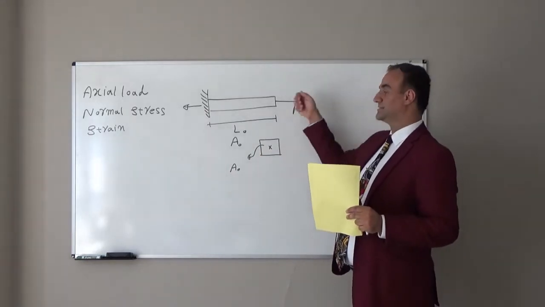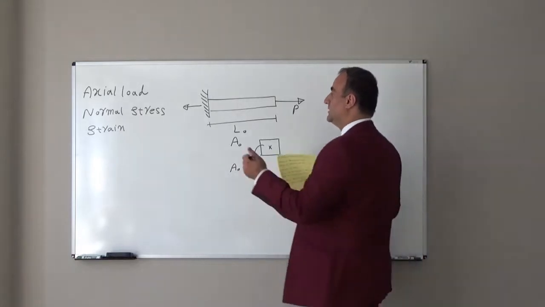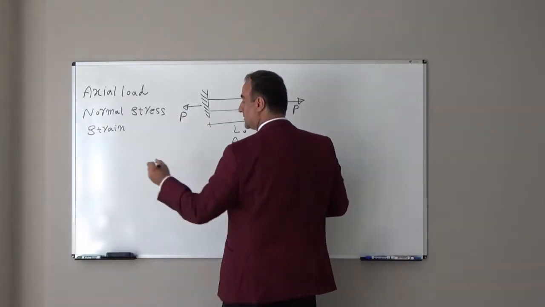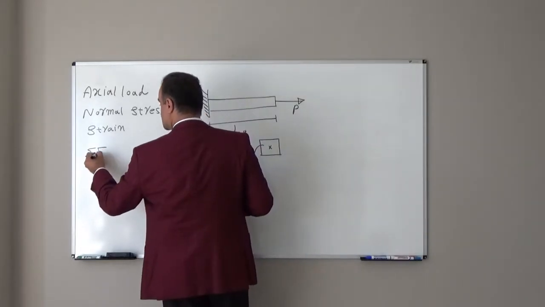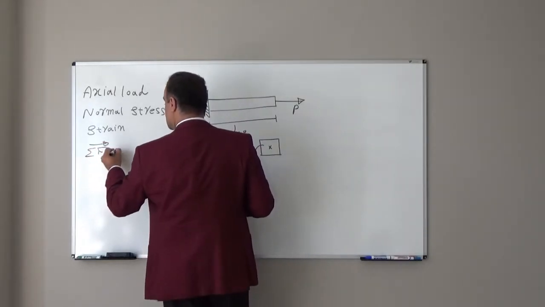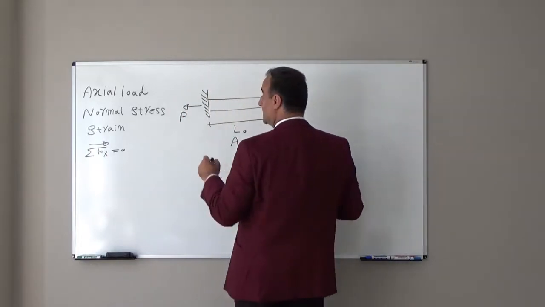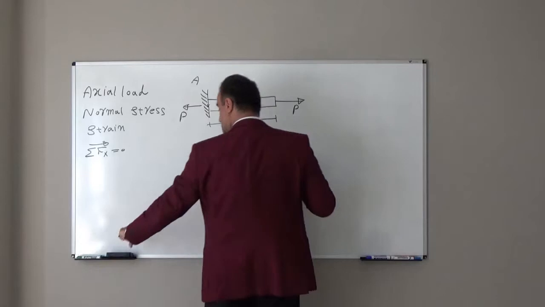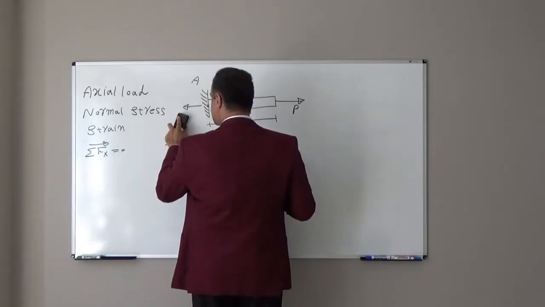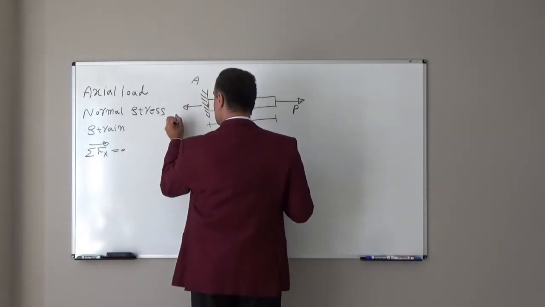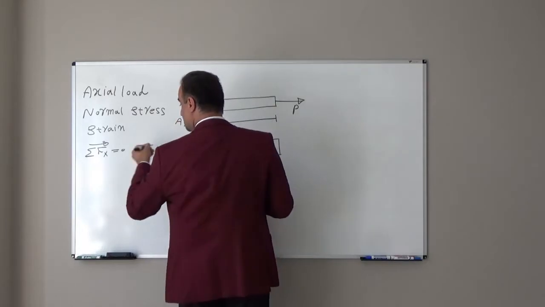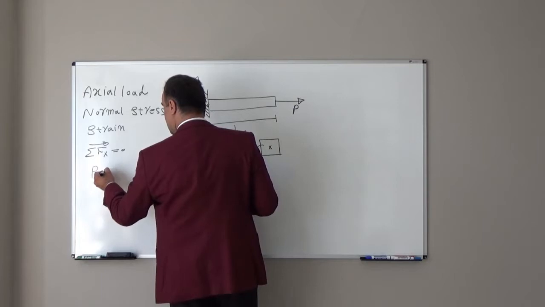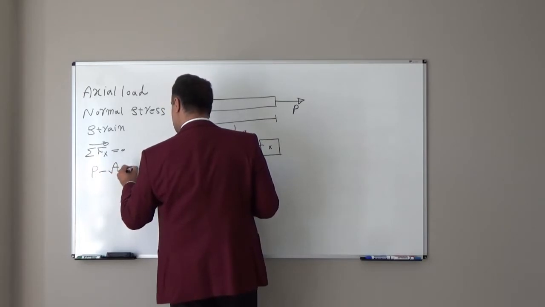If I pull this, if I apply tension, the reaction will again be P, because the summation of forces in the horizontal direction should be equal to 0. If this is, for example, point A, and I assume this reaction is AX, then the summation of forces in the horizontal direction is equal to 0, so external load P minus AX should be equal to 0.